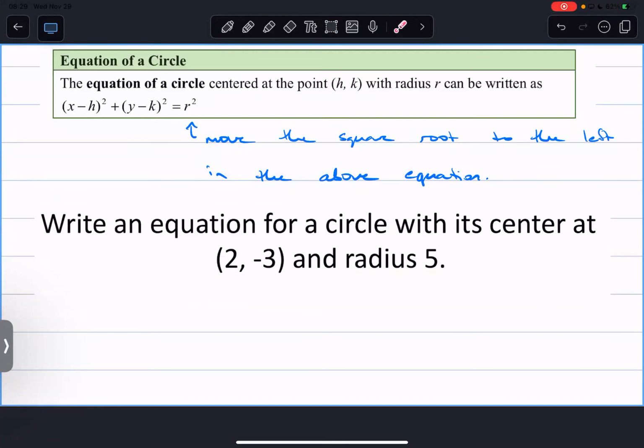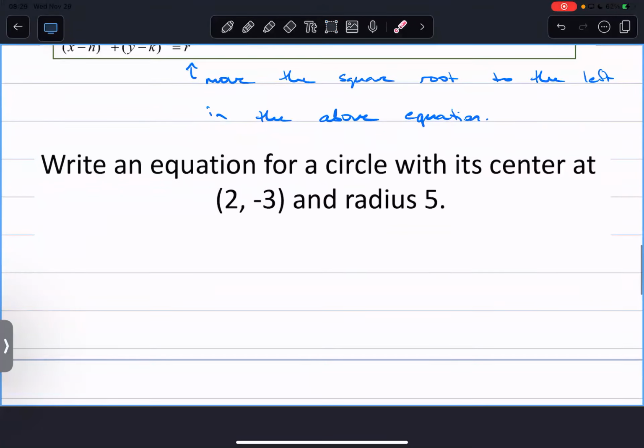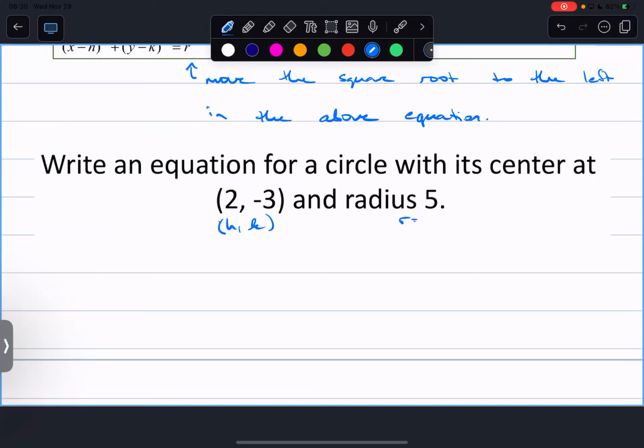Write an equation for a circle with its center at (2, -3) and a radius of 5. So now (h, k) is (2, -3), and r is equal to 5. When we write an equation for a circle, we leave the x and y spots open because we want to be able to potentially map all the possible x's and y's.